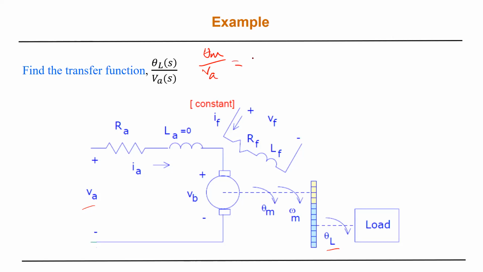In the transform domain, this is equal to Km over S, RA plus S LA, but LA equals 0, so there is nothing in there, multiplied by JS plus B, where now the J and the B should be modified according to what we have derived.